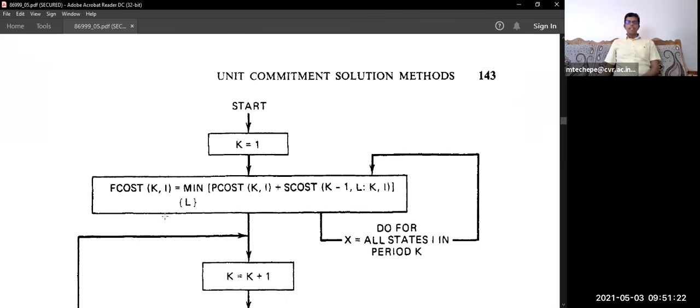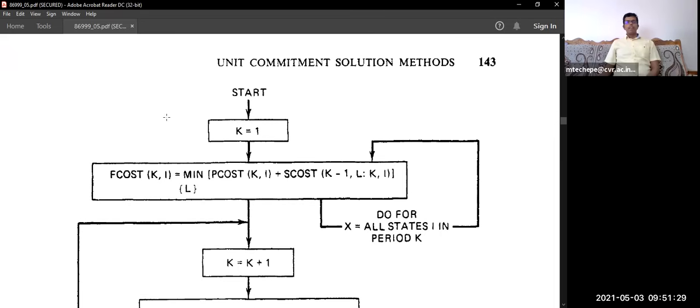Then we calculate the formula, minimizing the total fuel cost: F cost of k comma I is equal to the minimum of P cost of k comma I plus S cost of k minus 1 comma L to k comma I.